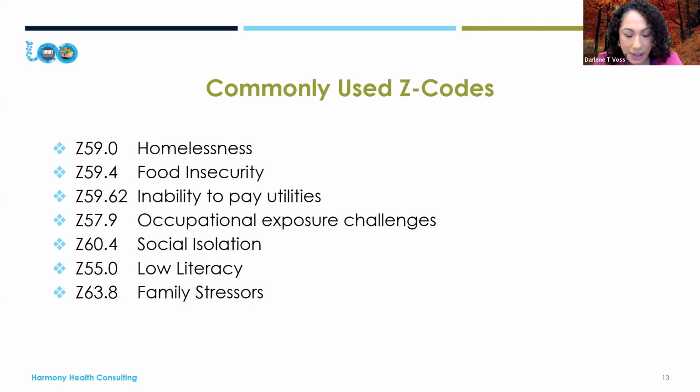I want to be conscious of our time, but I also wanted to talk about an example here. The example here is Z59.4, food insecurity. I think that one of the things that we address here is there are so many opportunities, especially with CalAIM, to support someone who's maybe diabetic and wanting to be a part of a prescription food box, as well as getting some of the diabetic needs met through other resources, such as a food distribution site.